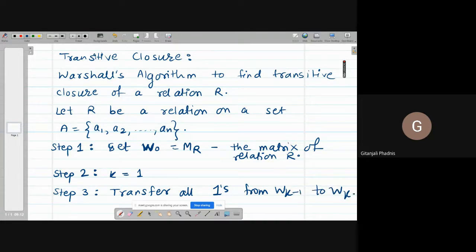K value starts from 1. So when you have W naught, the very first matrix, you will transfer all those ones from W naught to W1 as they are. Now the entries which are 0, for them what do we have to do?